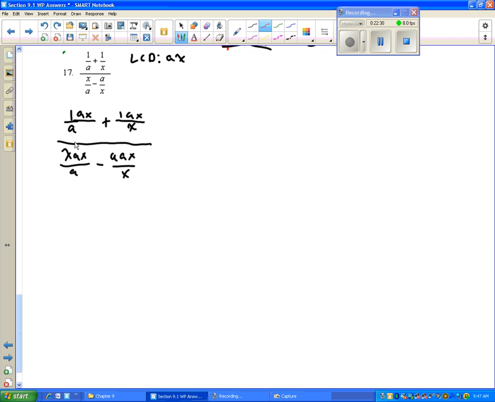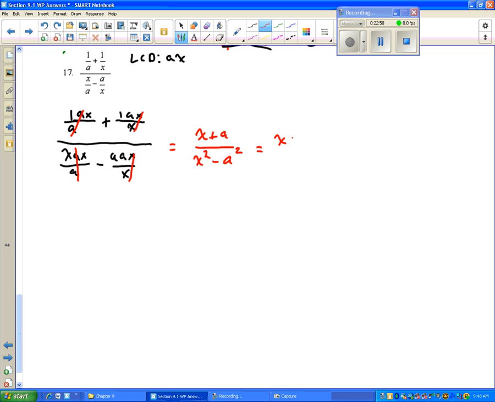Get out my red marker. A's cancel. X's cancel. A's cancel. X's cancel. I end up with x plus a over, well, this is x times x, or x squared. This is a times a, or a squared, so that's x squared minus a squared.